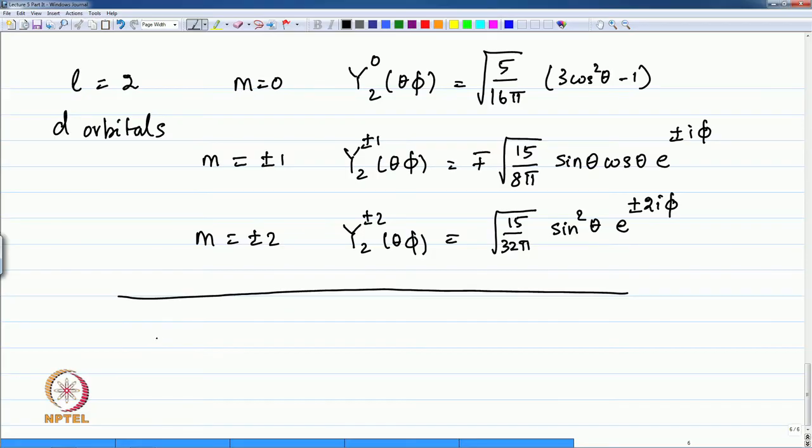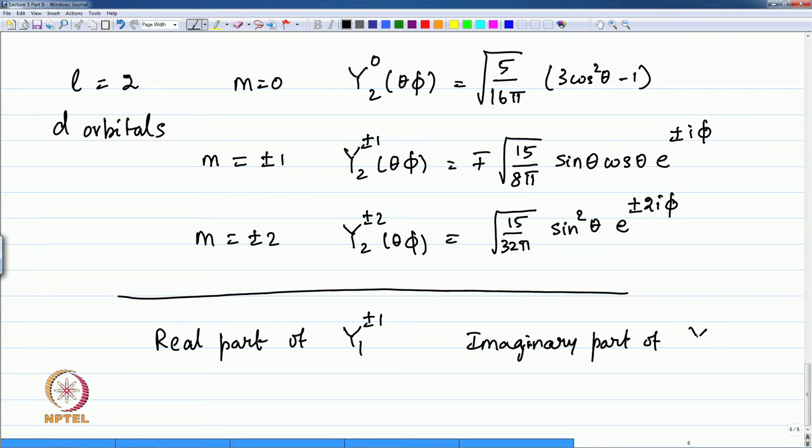Okay. Now, let us see the pictorial representations for the real part of Y1 plus or minus 1 and the imaginary part of Y1 plus or minus 1, and the function Y10, which is real anyway, it is a function of cos theta.